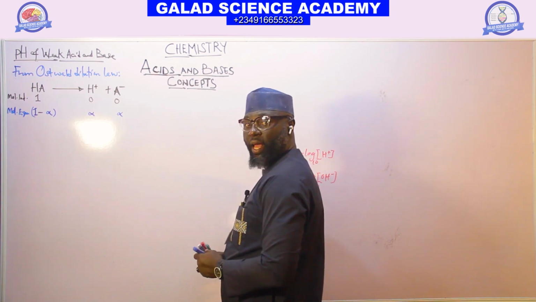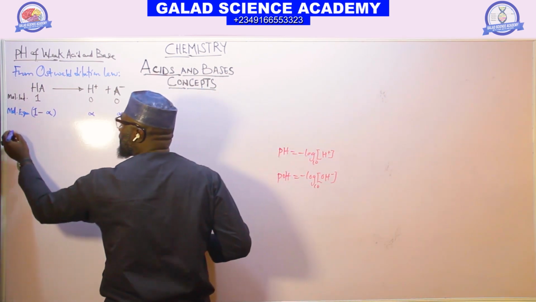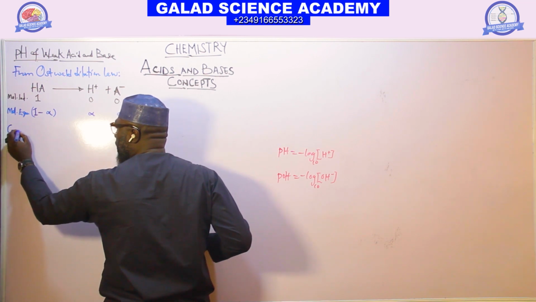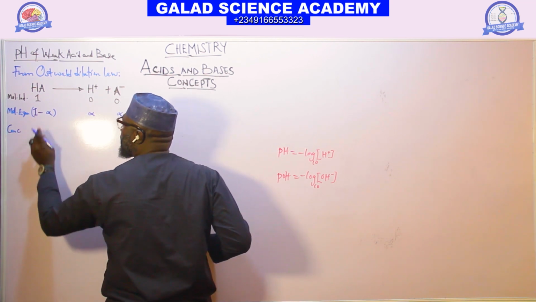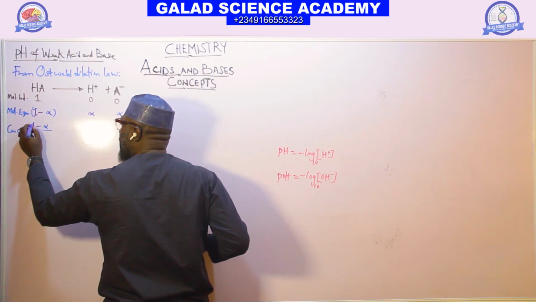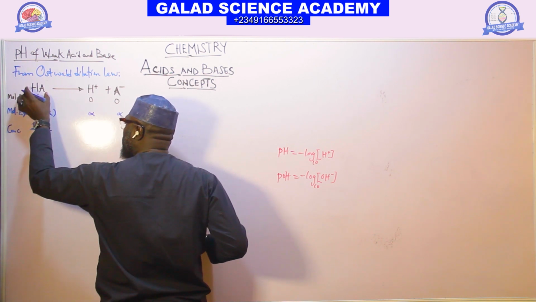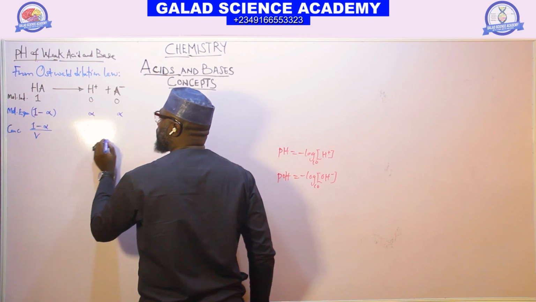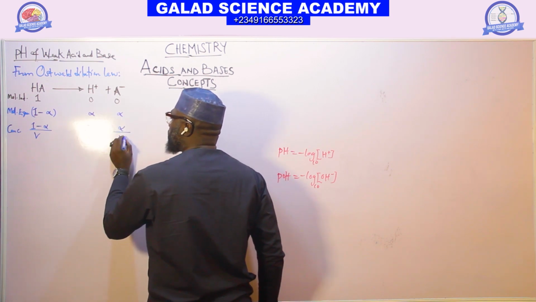But again from there, I said the molar concentration at equilibrium was 1 minus alpha over volume for the acid, and here alpha over volume, alpha over volume.